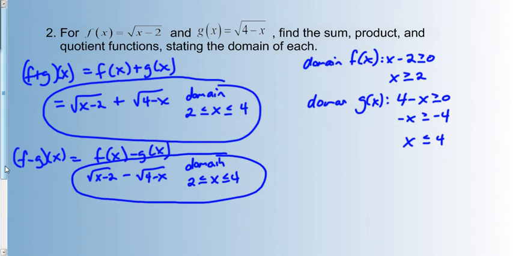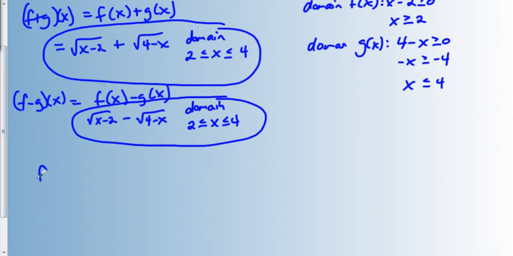Now, multiplying and dividing, there's a little bit more that we can do because you can multiply. It's just like fractions or anything, or other things with like terms. You can multiply anything you want. So the square root of x minus 2 times the square root of 4 minus x.